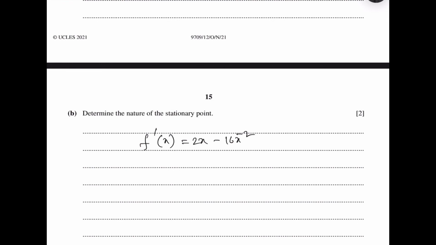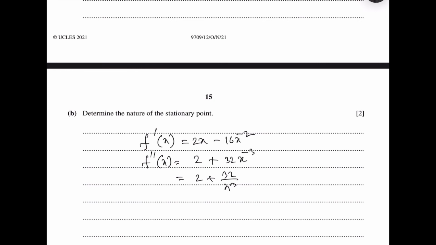Now let me do double differentiation for the nature of the stationary point. f double dash x equals 2 plus 32 x to the power minus 3, so it is becoming 2 plus 32 divided by x cube.